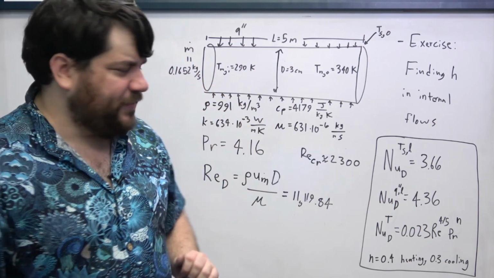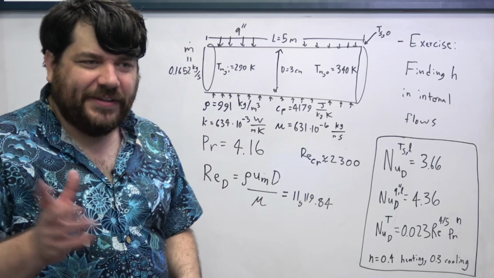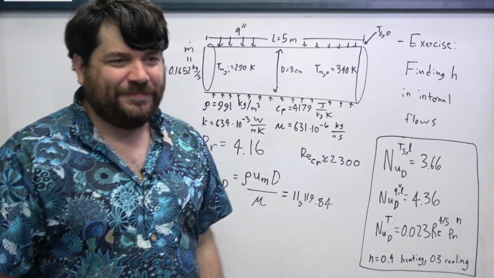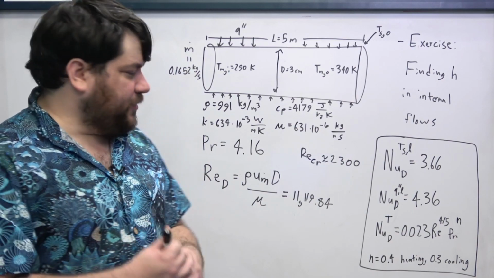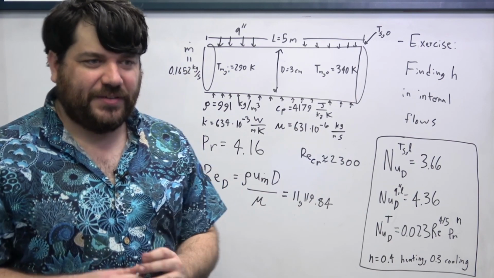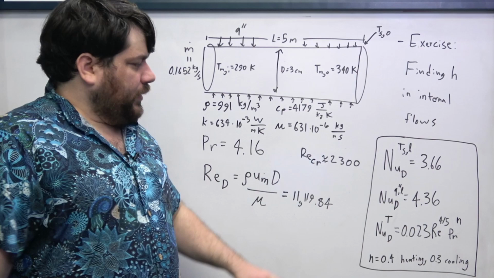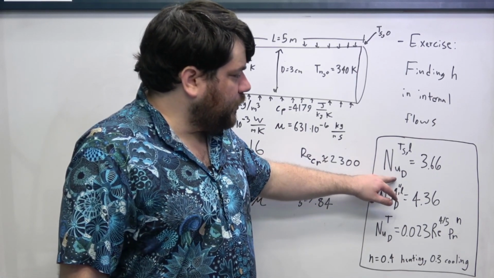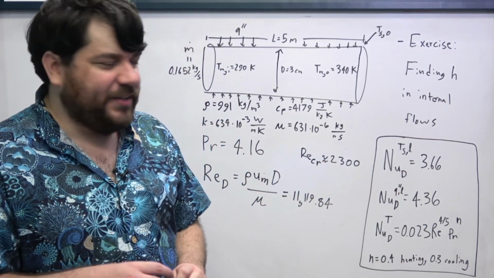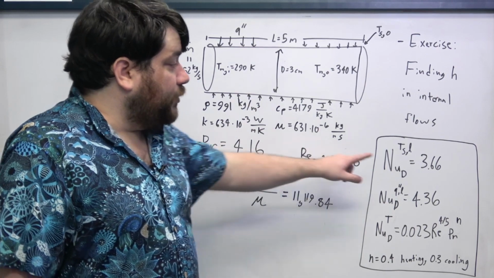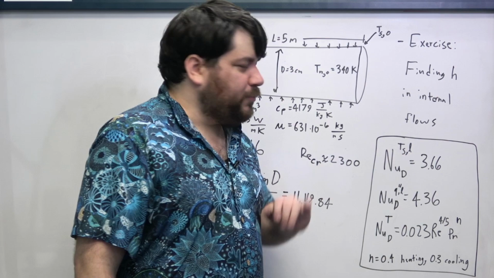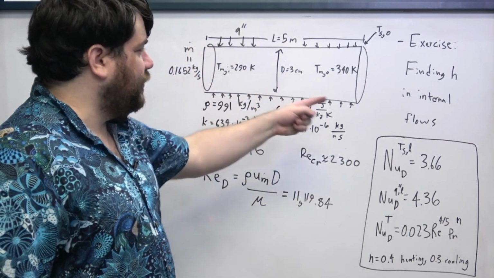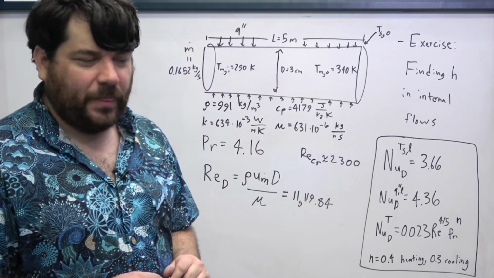So what do we do? Well, here are the 4 correlations that are commonly used to determine Nusselt numbers as a function of Reynolds numbers and Prandtl numbers inside of internal flows. This correlation is the one that you use to calculate the Nusselt number whenever the flow is laminar, represented with a curly L, and whenever the surface temperature of the pipe is constant.